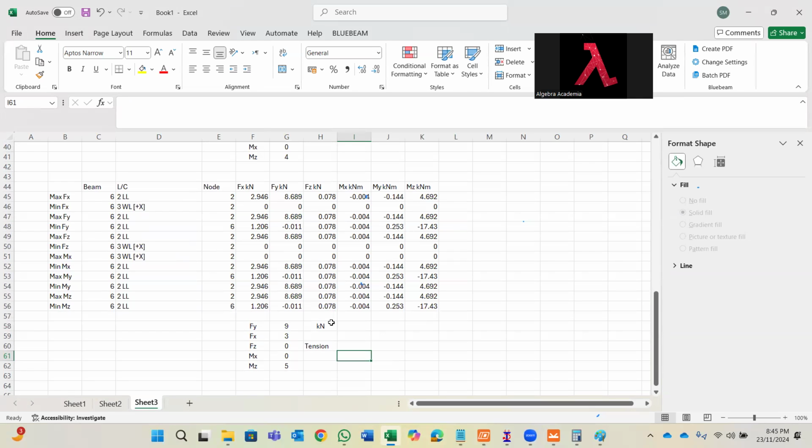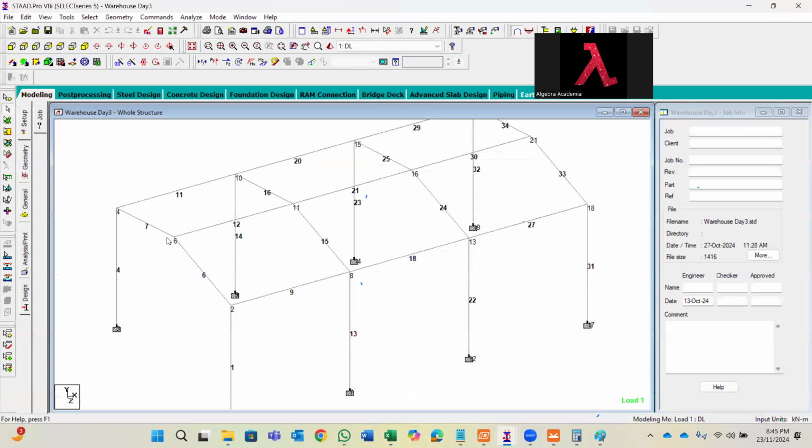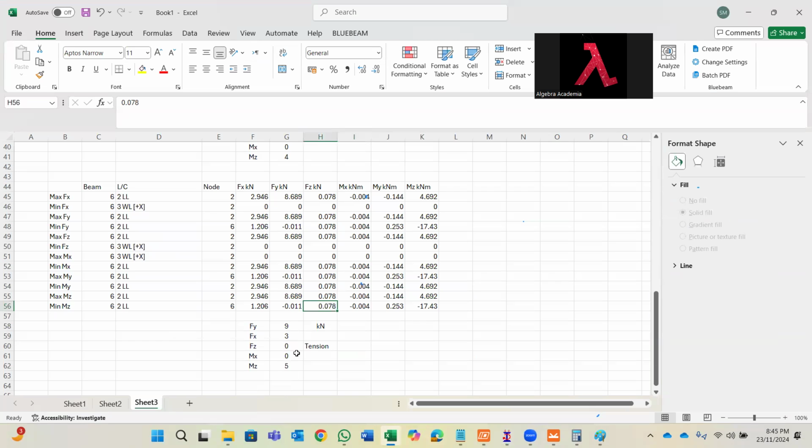I do have the 6 here. So Fz, again it's a tension. Fz for 6, I'm going to get 0 again. Fy for 6, again it is 0.